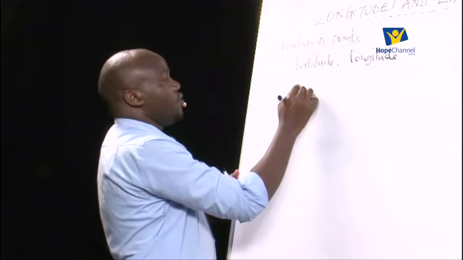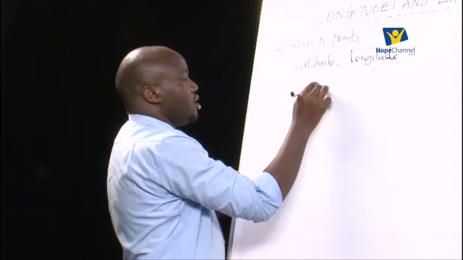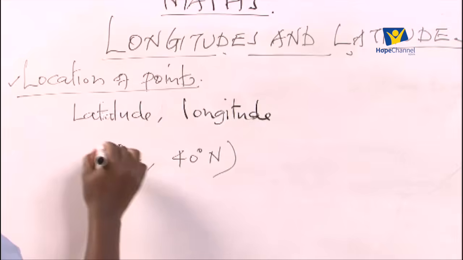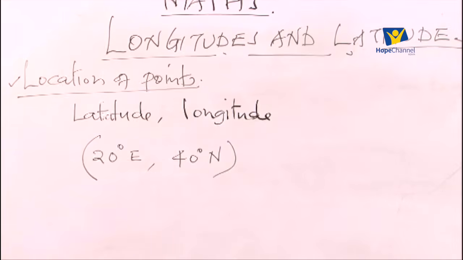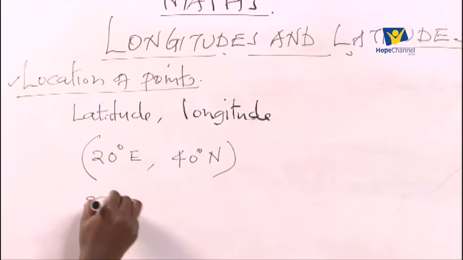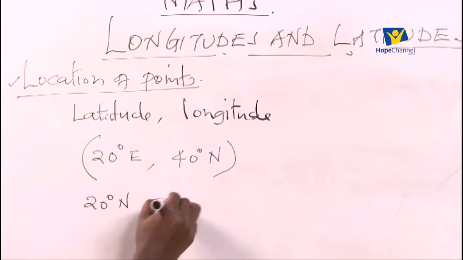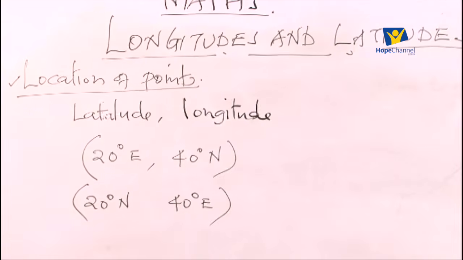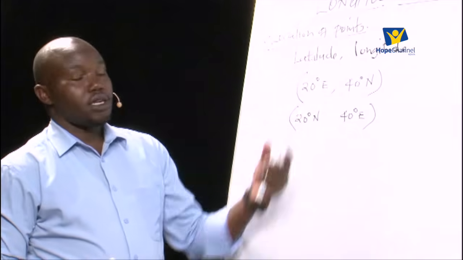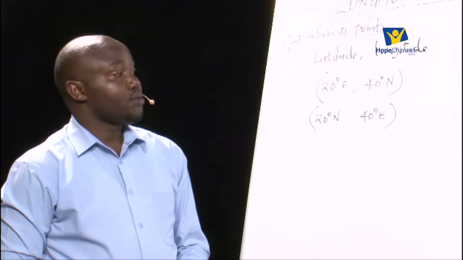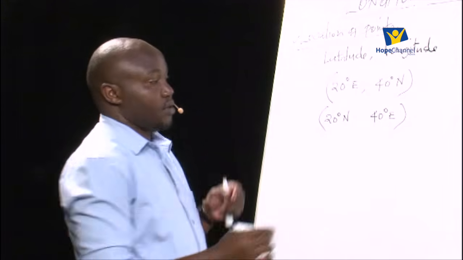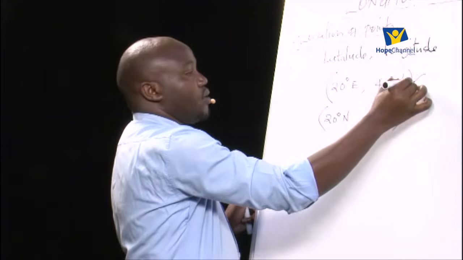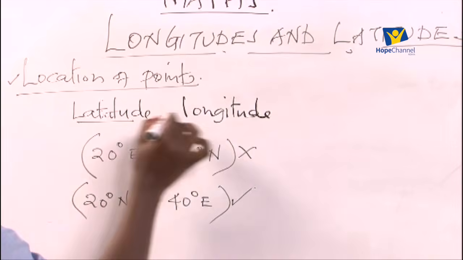Meaning that if I have 20 degrees east, 40 degrees north, or I have 20 degrees north and 40 degrees east, and I ask which one is right between the two, the second is right. We don't use the first one because the rule is the latitude, then the longitude.